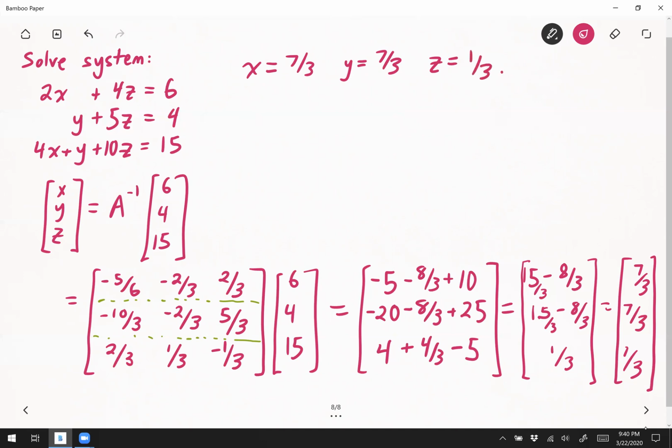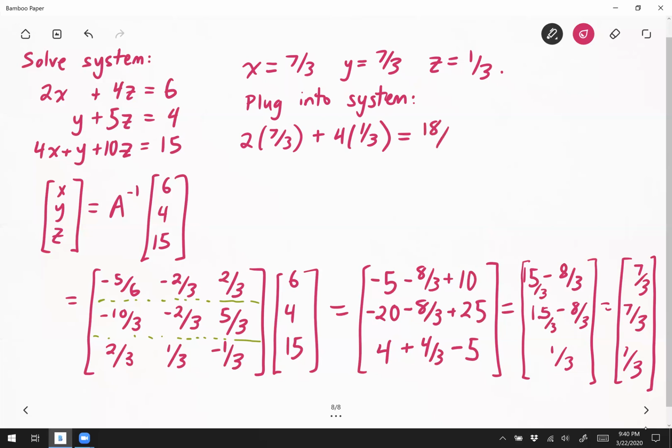To check that, we can go ahead and plug those numbers in, see if everything works out. So we're going to go ahead and plug into the system. Let's see. We've got 2 times 7/3 plus 4 times 1/3. So it's going to be 14/3 plus 4/3.